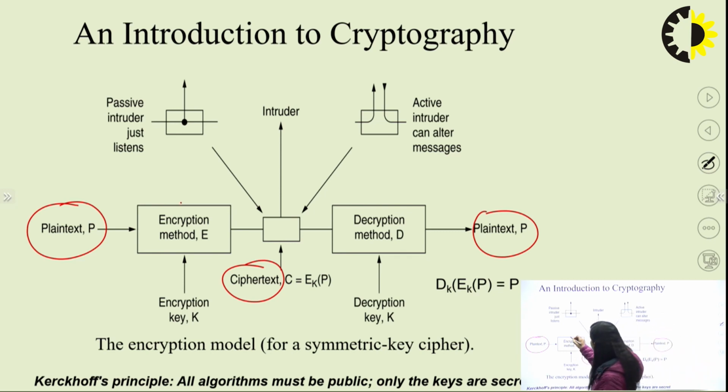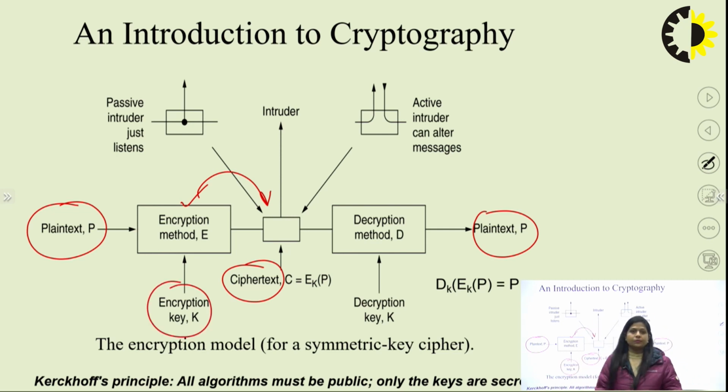Here we have many encryption methods that will be applied on the plain text. Then that message, the plain text, will be converted into ciphertext. Fine. I repeat, plain text is there. Then we apply an encryption method, say E, with the help of an encryption key. With the help of the encryption key and the encryption algorithm, that message will be converted into ciphertext.